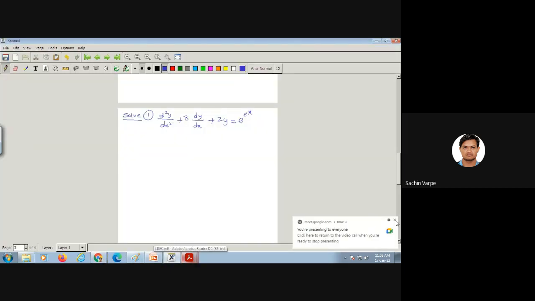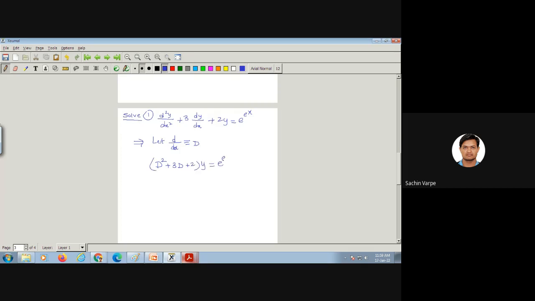Okay, so the first step towards the solution is we put the operator d by dx equal to capital D. So the given differential equation becomes (D square plus 3D plus 2) times y equal to e to the power x.